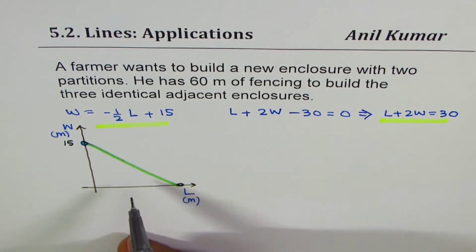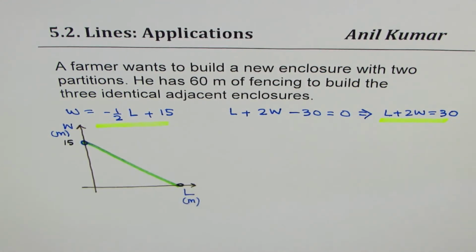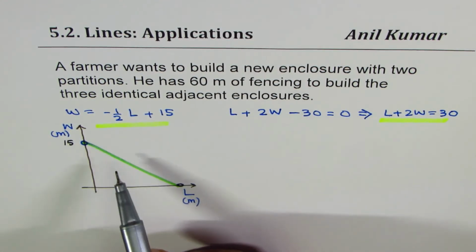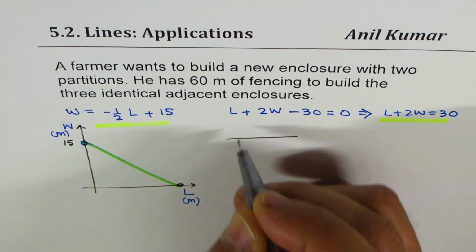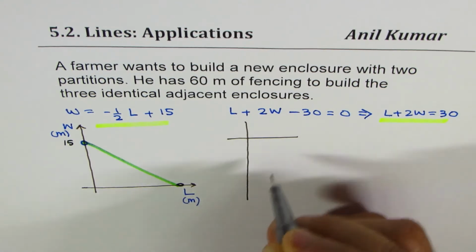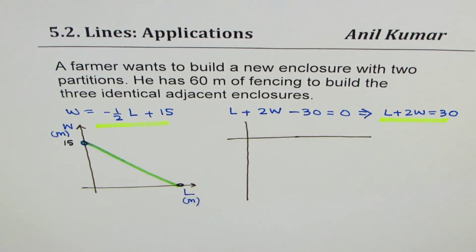This line represents possible combinations of length and width. Do you see that? Let's make a table to explore further. This is further exploring the same thing.